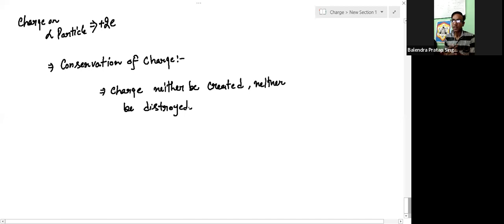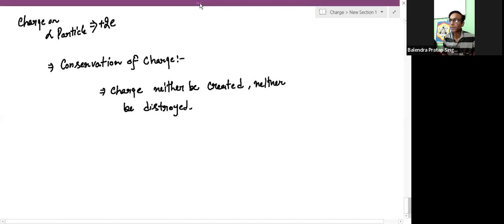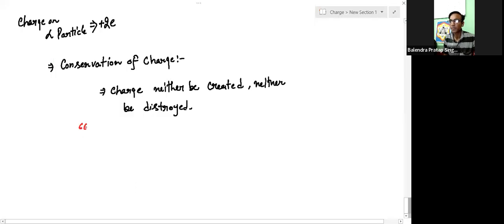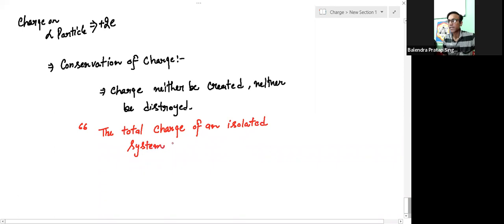Charge can neither be created nor destroyed. The important definition for your exam purpose: if this question is asked in your exam, what is conservation of charge, then write: the total charge of an isolated system remains constant.